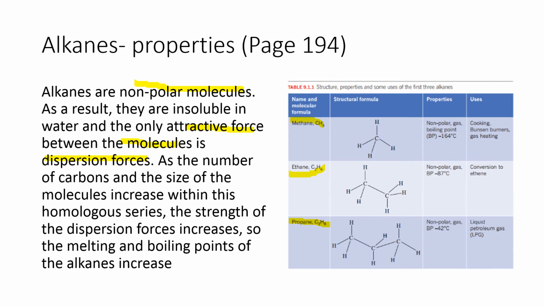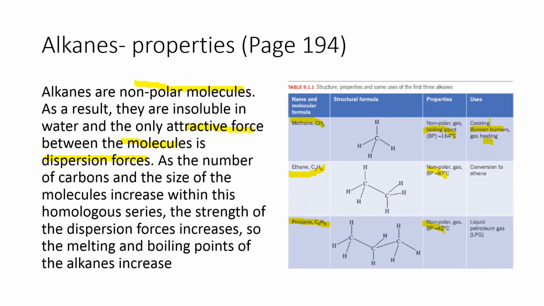But what you can see is that as the molecular size increases, the boiling point increases as well. Methane has a boiling point of minus 164, ethane is minus 87, propane is minus 42. So the boiling point increases when the structure increases in size. Methane is used for cooking, Bunsen burners and gas heating.